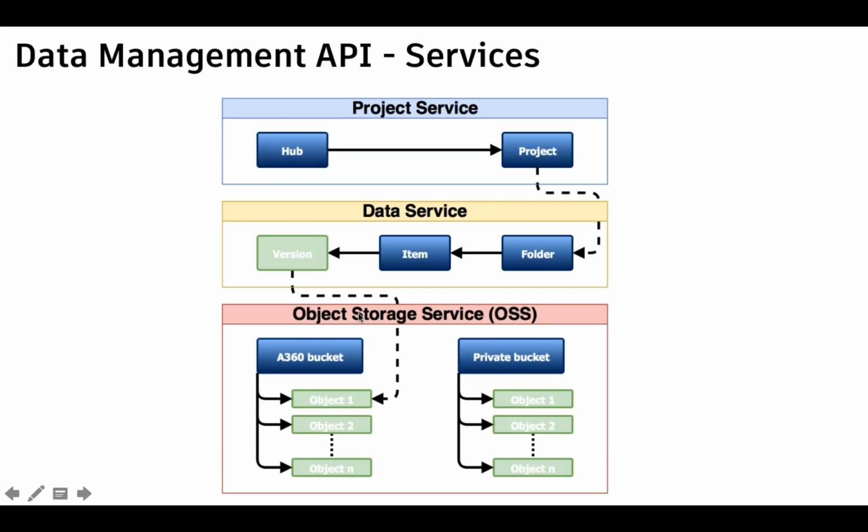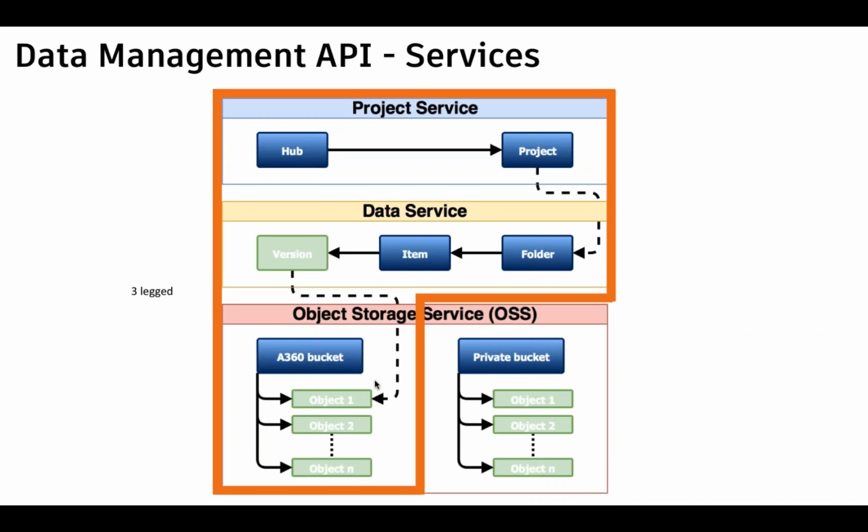And then we have the OSS, which is the low-level object storage service powering the data management API. We can see here, illustrated by this diagram, the three-legged part of the API: the data management API and the A360 service are using the OSS in the background, and it's using a single bucket for all the files of all the users.